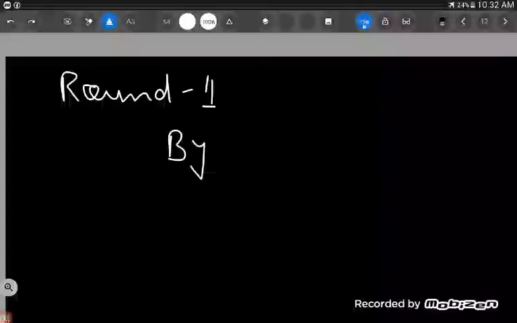Round first. Here you will give the bye. Where will you write the bye? Always write the bye on the right hand side at the top, and it should also be in a circle.